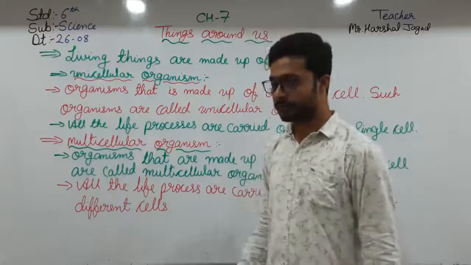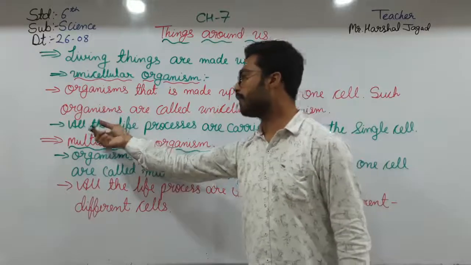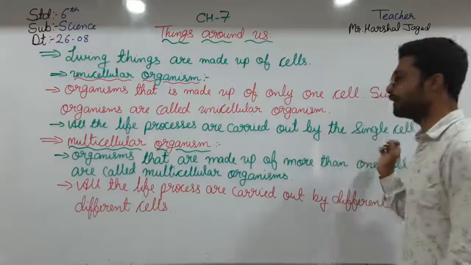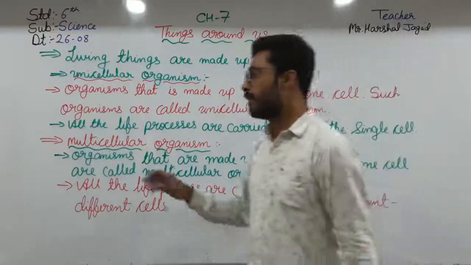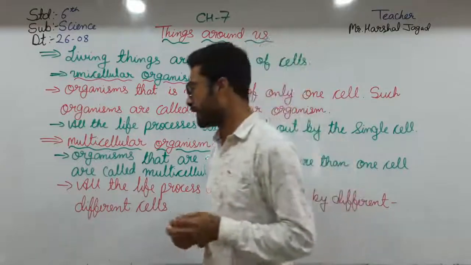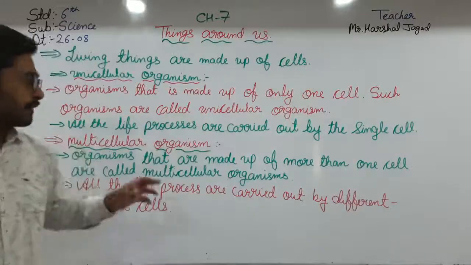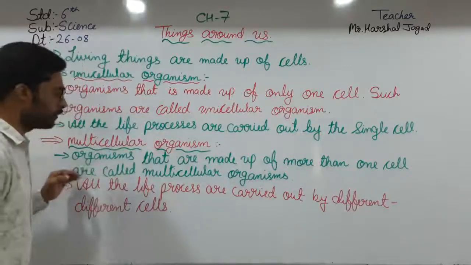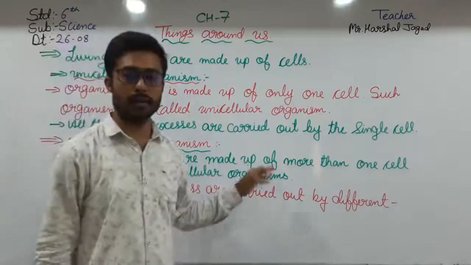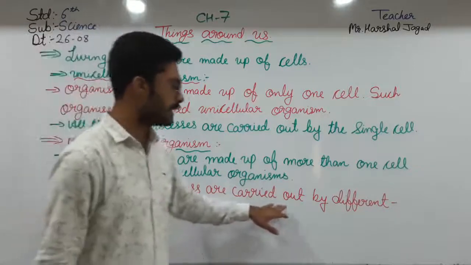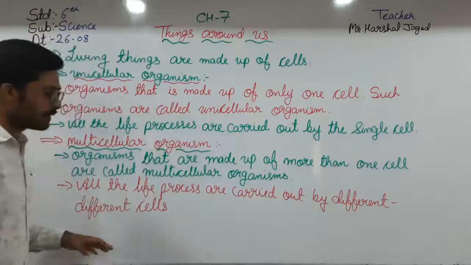Next point, all the life processes are carried out by the single cell. Multicellular organisms, the second type, are organisms made up of more than one cell, and all the life processes are carried out by different cells.